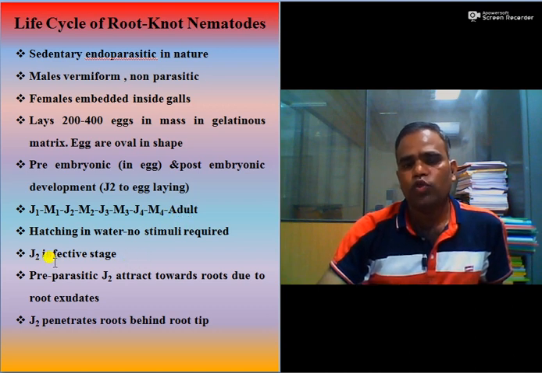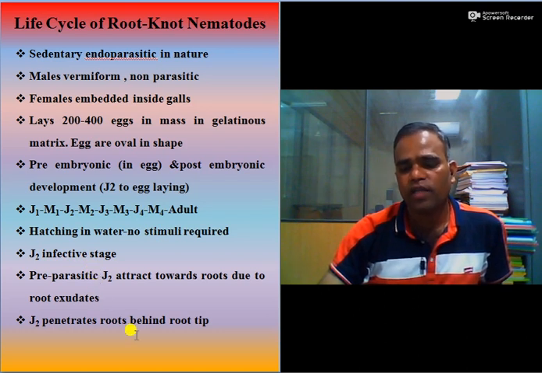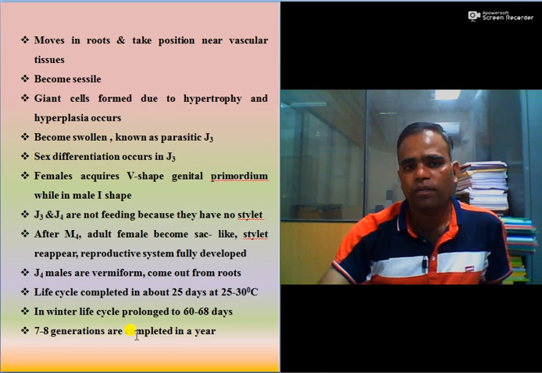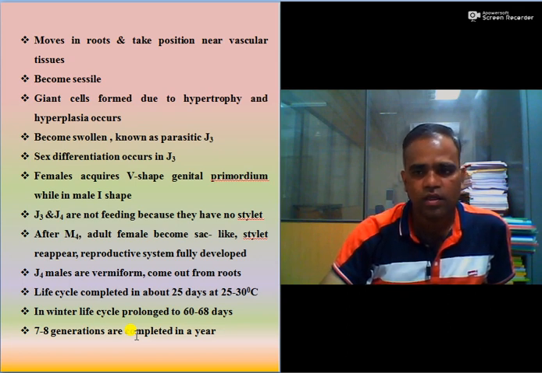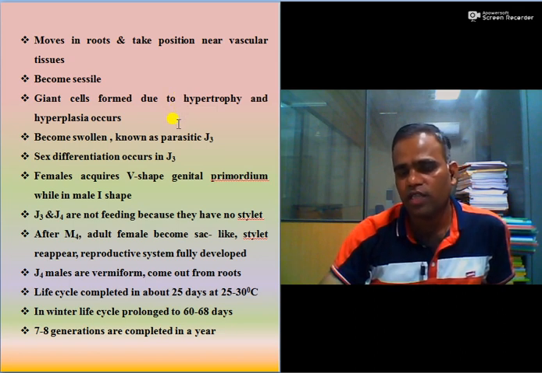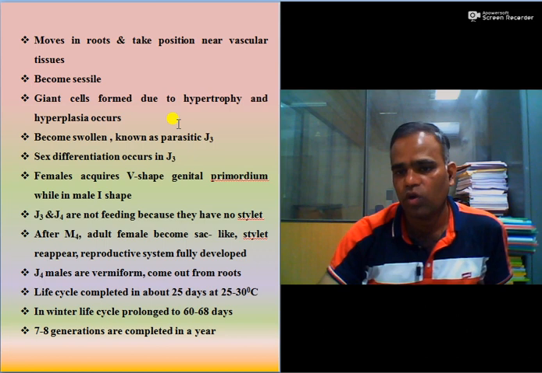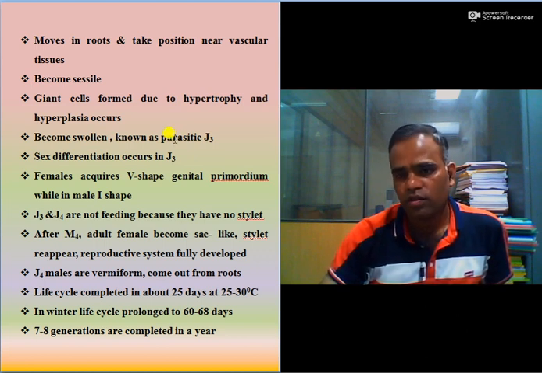Juvenile second stage is the infective one, which gets attracted toward the root exudates, penetrates behind the root tip, moves in the roots, takes position at vascular tissue, becomes sessile, and feeds at that place. Hypertrophy and hyperplasia occur. That's why giant cells occur, galls occur, or knots are formed. They become swollen, J3 stage occurs.